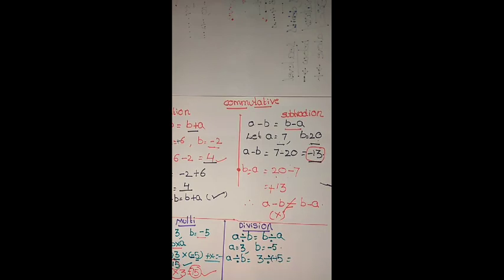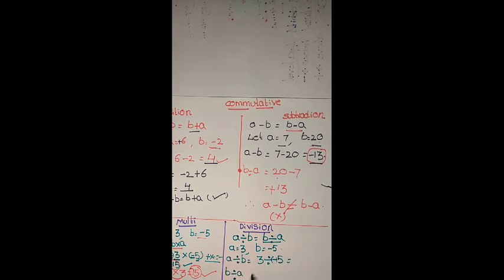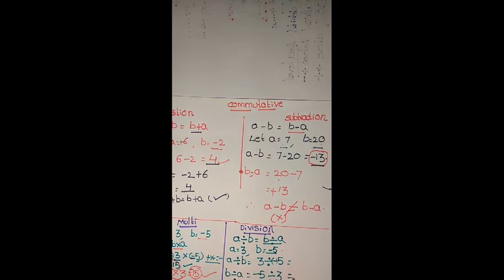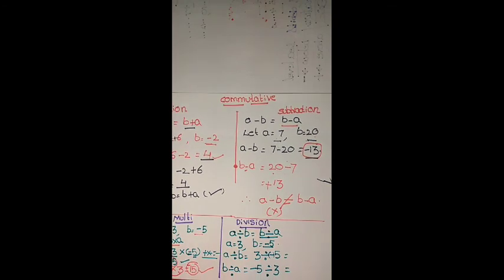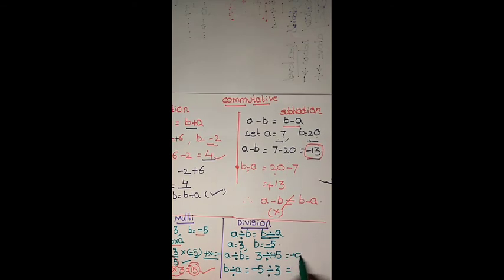In the same way, B divided by A. So I am taking B divided by A now. B value is minus 5 and the symbol is divided by, and the sign for 3 is plus. So now if we divide A divided by B, that means 3 divided by minus 5, which gives minus 0.6.